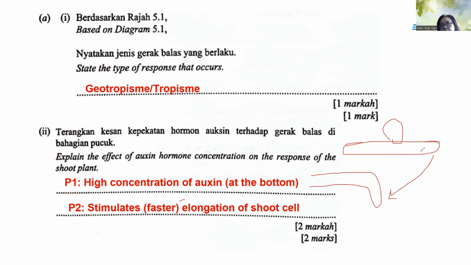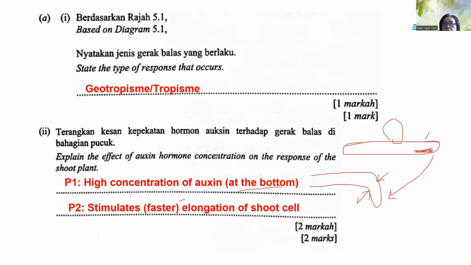The auxin will accumulate more at the lower side of the roots. And because auxin actually inhibits the elongation of roots, this section here grows faster than this section. So the root will then grow and bend downwards, towards the gravity.